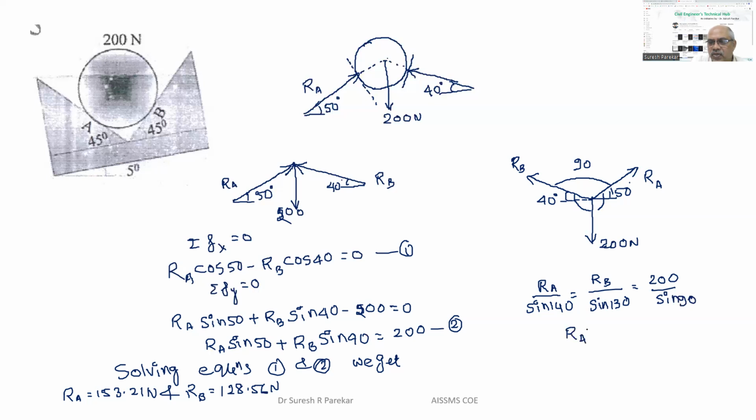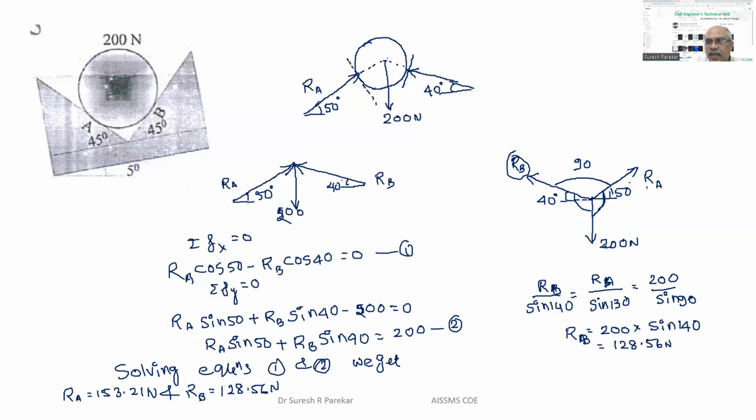And by solving this, sine 90 is 1. So RB will be equal to 200 into sine 140, and we get 128.56 Newton.